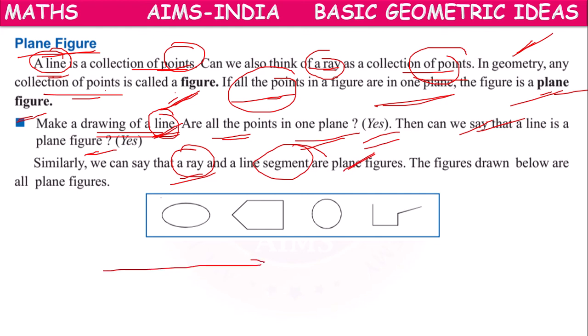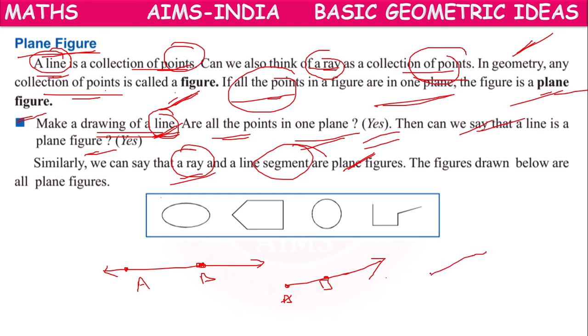So a line has no end point. It can be extended towards B, towards A, and that is called a line. It is an example of a plane figure. A ray has one end point and can be extended only in one direction. It is also an example of a plane figure.